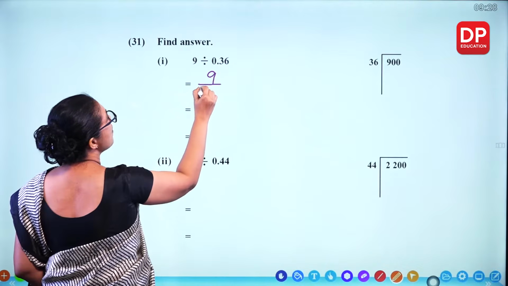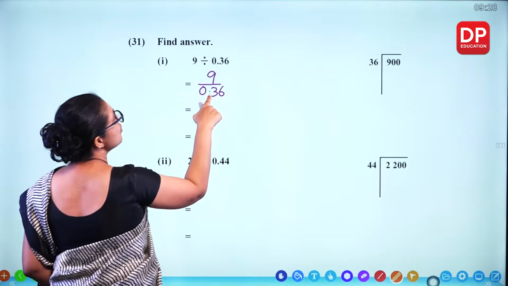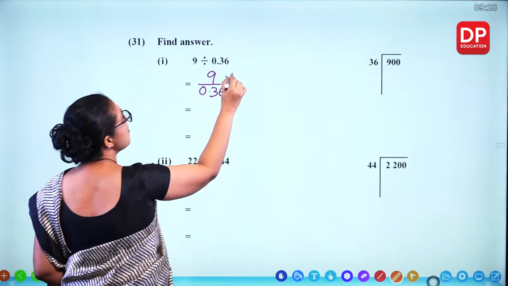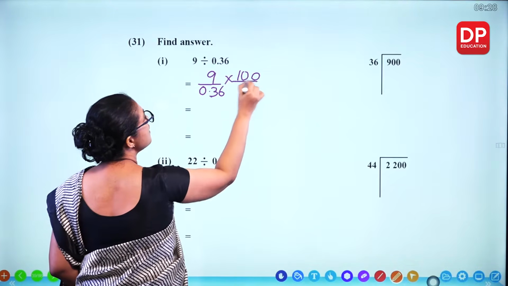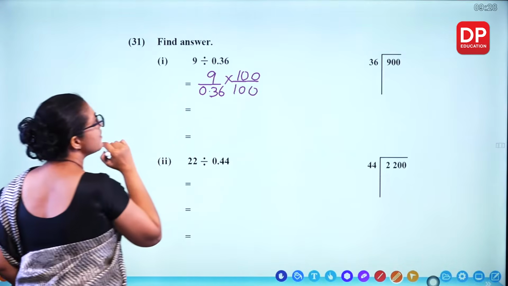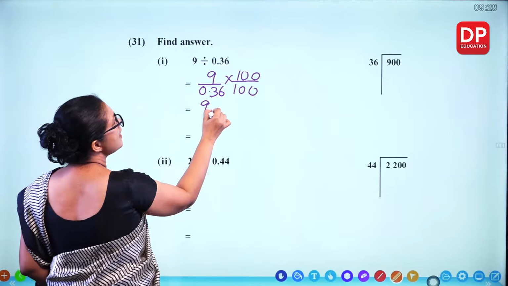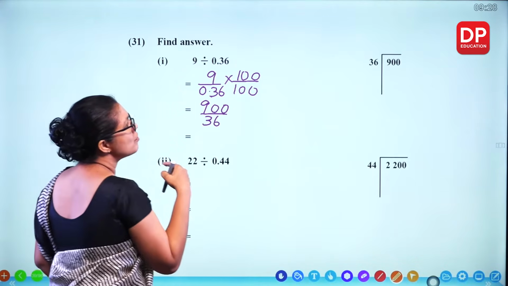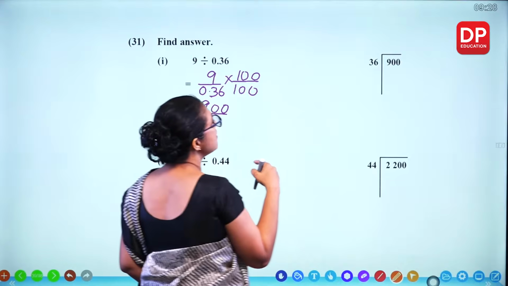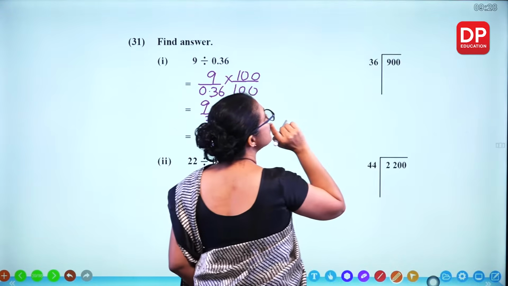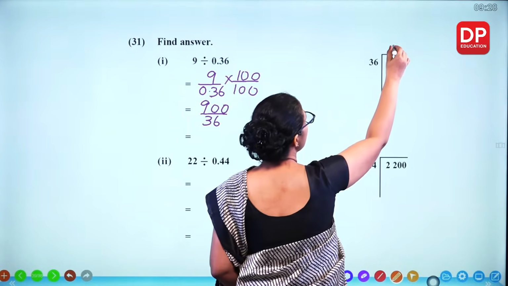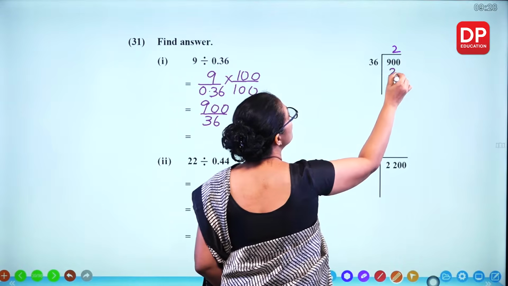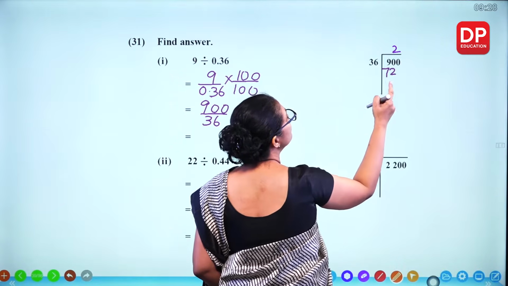Now division is there. 9 divided by 0.36. I want to get rid of this decimal point. Multiply both the numerator and the denominator by 100. So you get 900 divided by 36. Now do long division. 900 divided by 36. 36 times 2, 72.